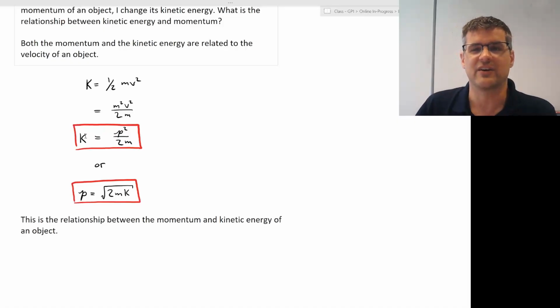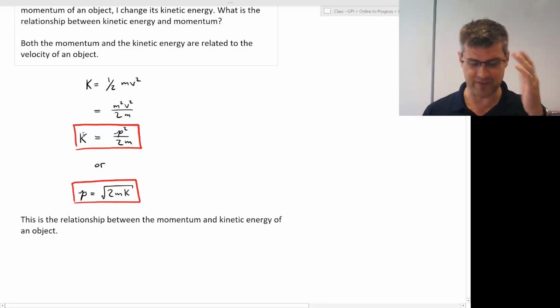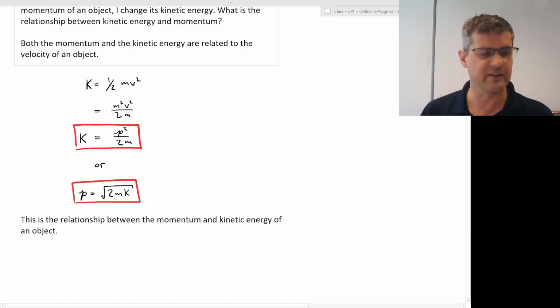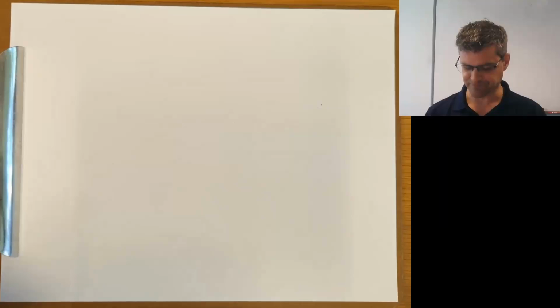So let's say that we wanted to change the velocity of some object by some certain amount, right? And let's go to a piece of paper here just so we have something to kind of look at and talk about.